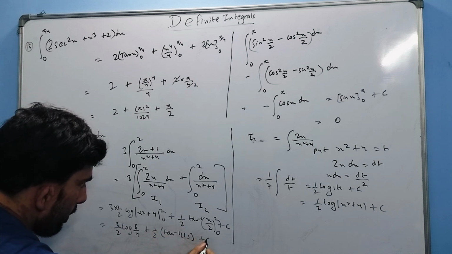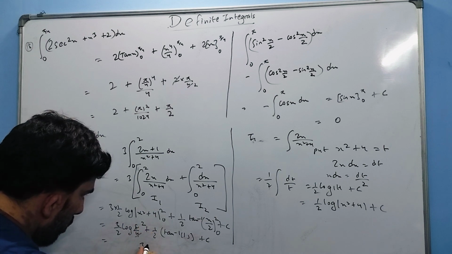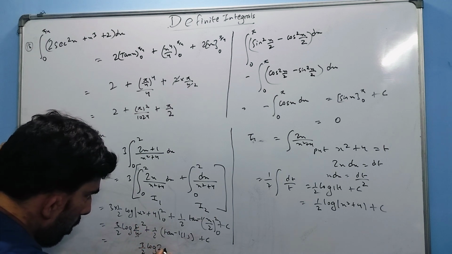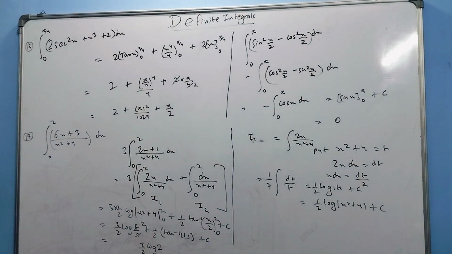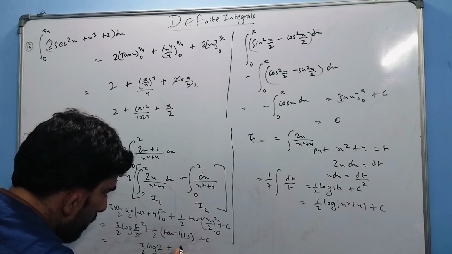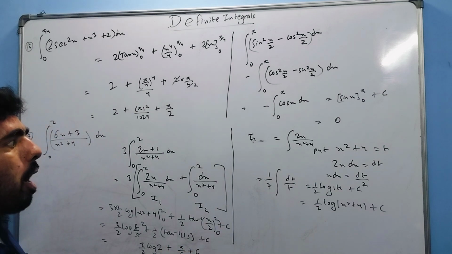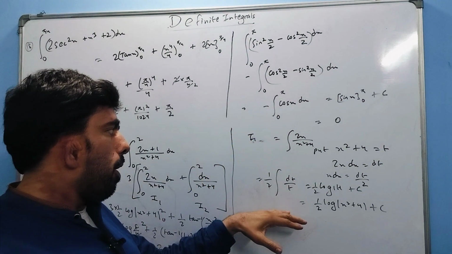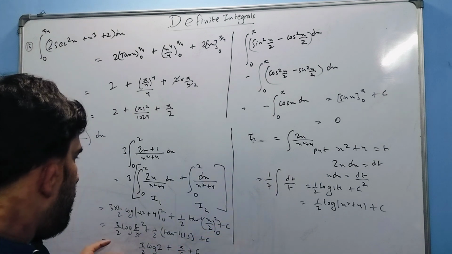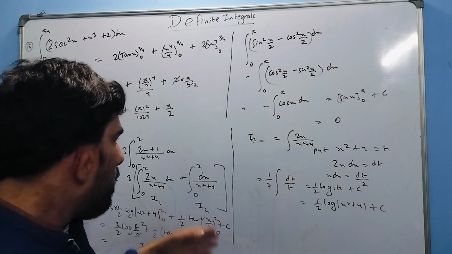So I got my value: 3 by 2 log 2, plus tan inverse 1, tan pi by 4, so it will be plus pi upon 8. That is how we are able to solve this definite integral. I solved the first part by putting in the value, and the second directly by using the formula.